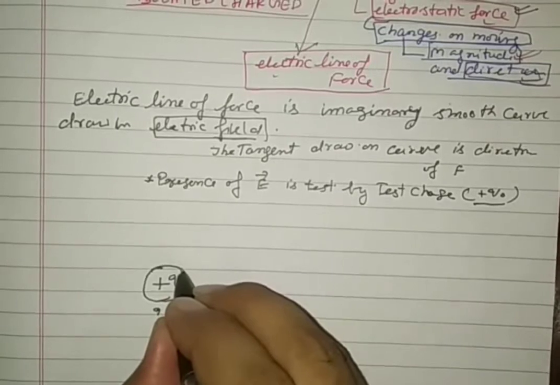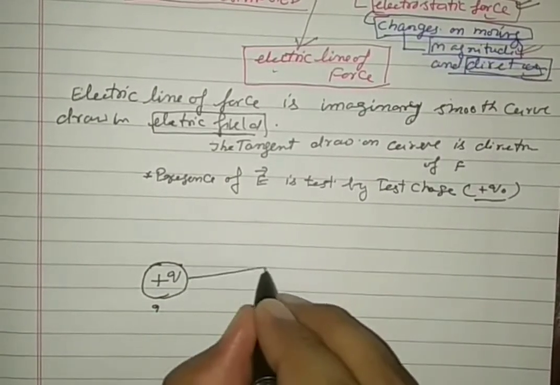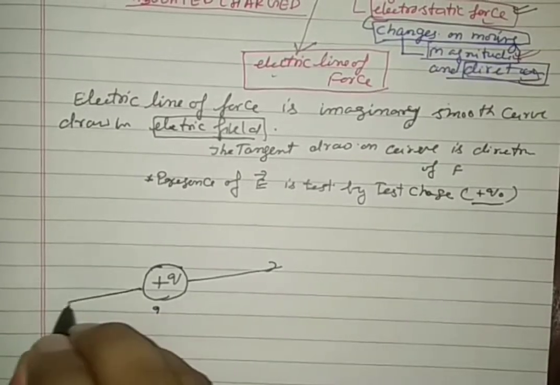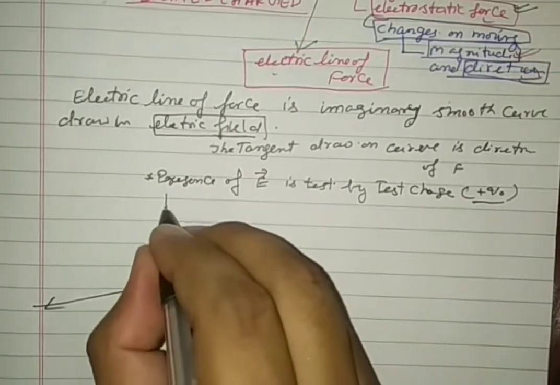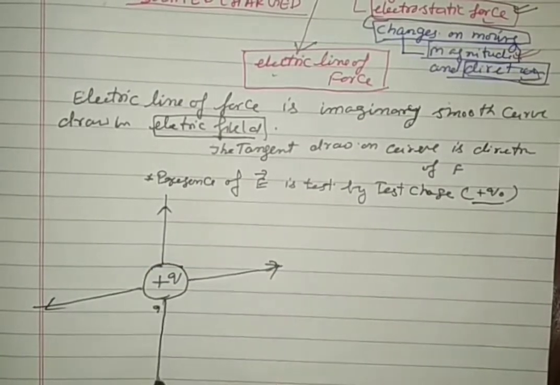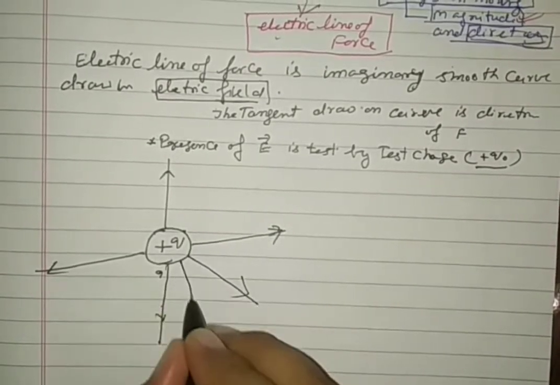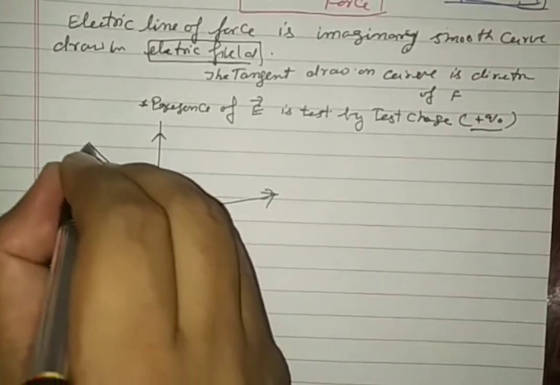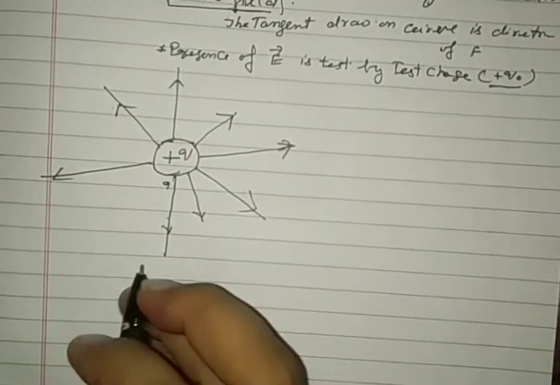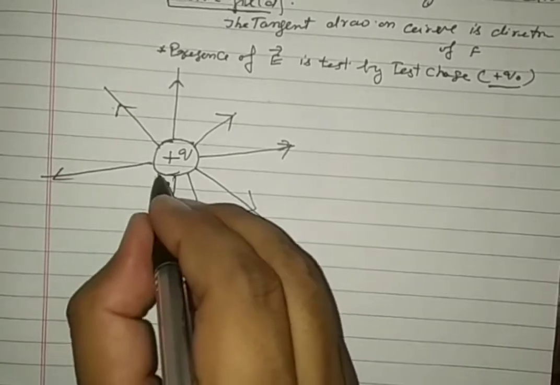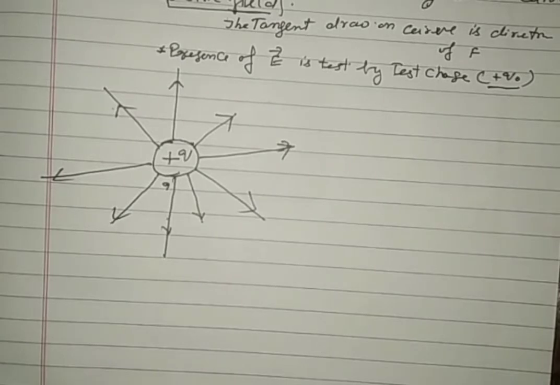Then when we draw the electric line of forces from here, these electric line of forces seem to emit from a charged body and move away.